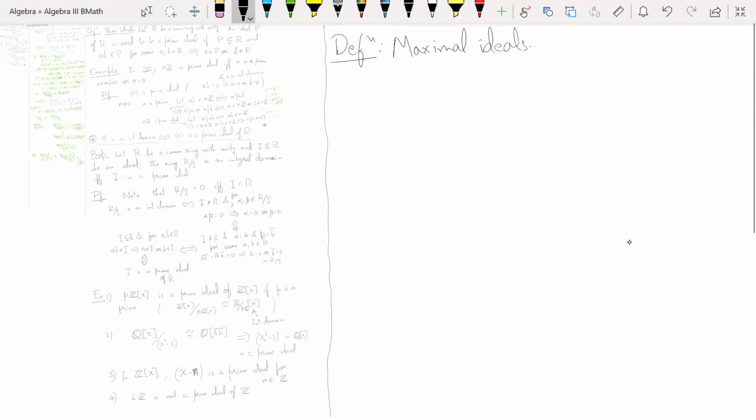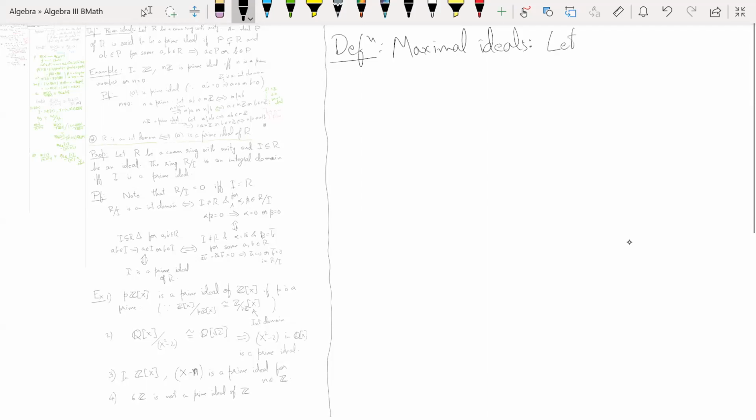Maximal ideals certainly can. Prime ideals I have mostly seen in commutative ring theory. But maximal ideals you can see in non-commutative ring theory as well, but we won't worry about it.